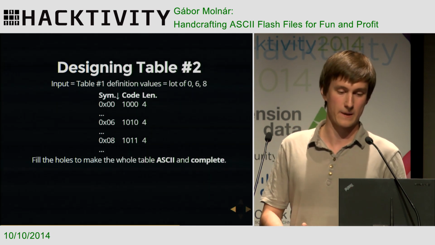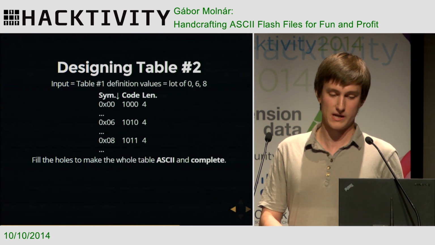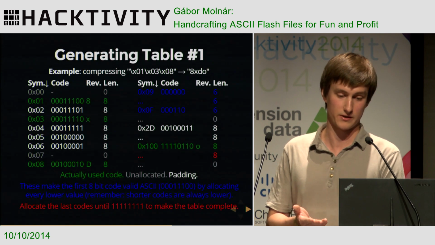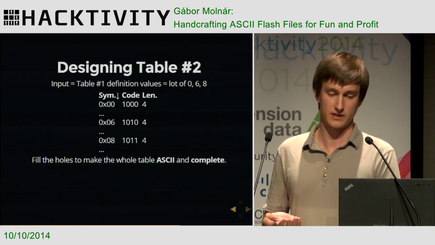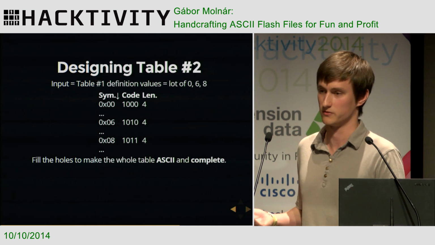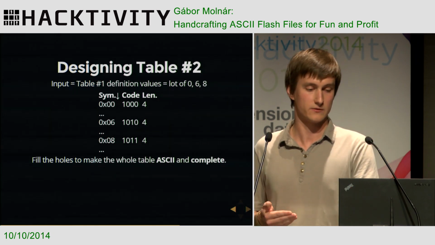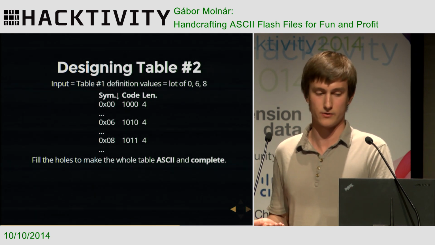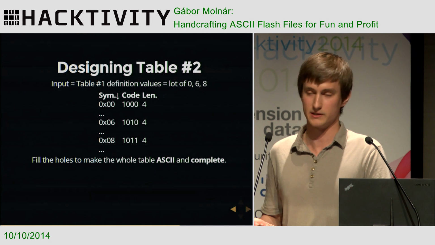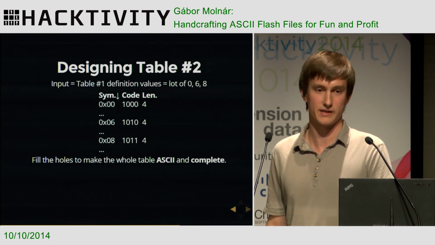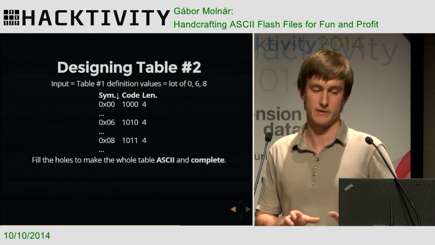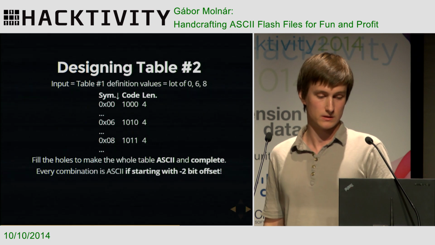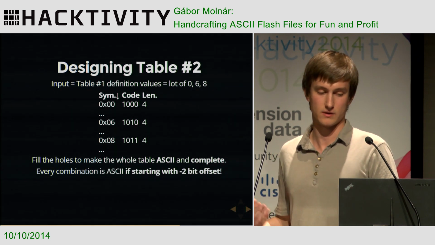We compress the table with table 1, and it also must be ASCII only. All codes are 0, 6, or 8, so table 1's input will only consist of 0, 6, and 8. The trick here is that we need to set up this table such that we assign 4-bit codes to these inputs, and these 4-bit codes must be such that in whatever sequence I order them, they will yield ASCII characters.